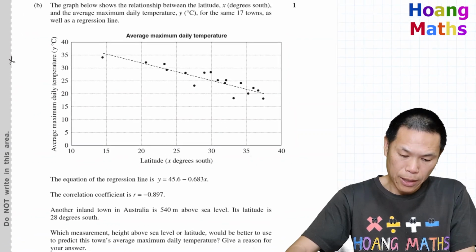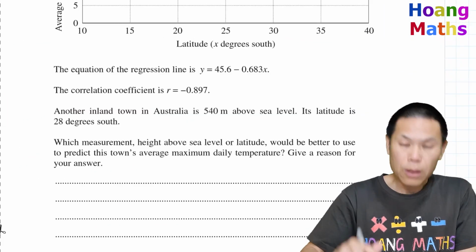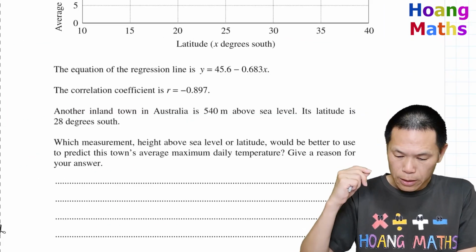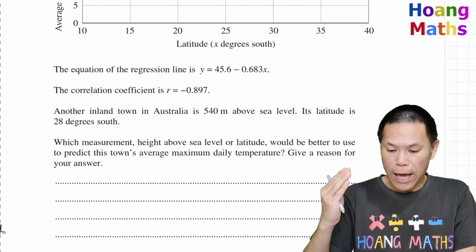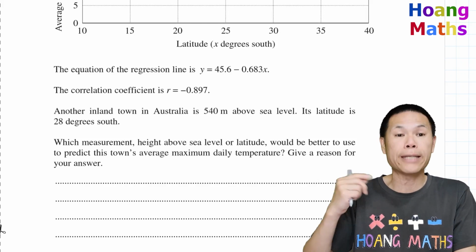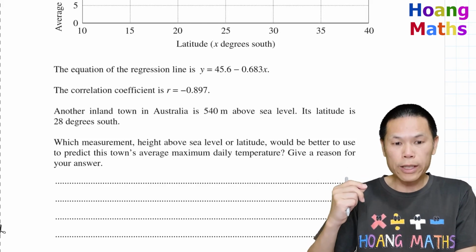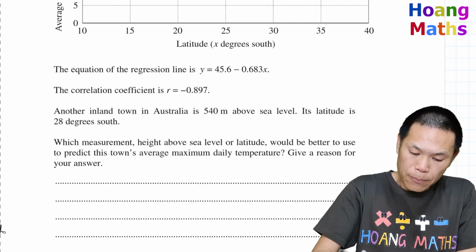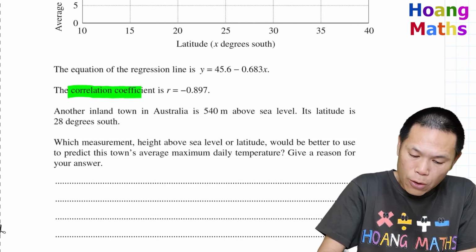Now second part, part B. Which measurement, height above sea level or latitude, would be better to use to predict this town's average maximum daily temperature? To work this out, we just need to compare the correlation coefficients.